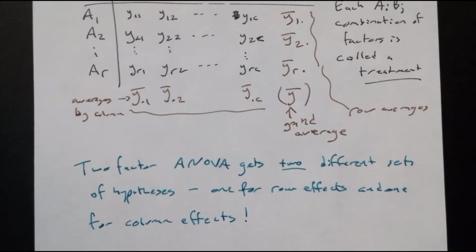So my null hypothesis for the rows will say that which row I'm in doesn't matter. In other words, the treatment on my linear equation idea, that's where those T's were in the linear equation. That the effect of the A part in the linear equation is zero.